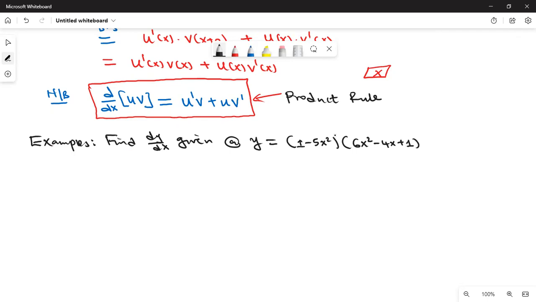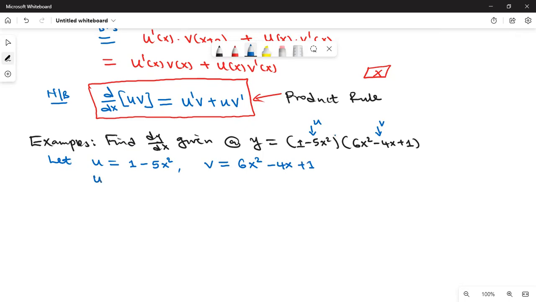So you see here you have a product of two functions. One of them should be u and the other one is v. So let u be equal to 1 minus 5x squared and let v be equal to 6x squared minus 4x plus 1.